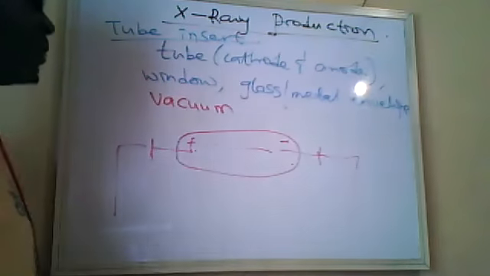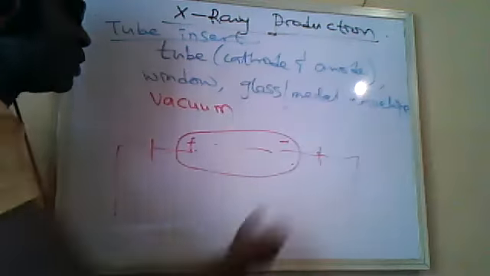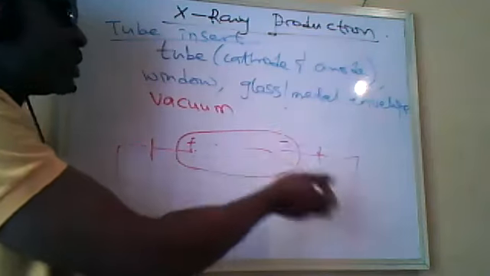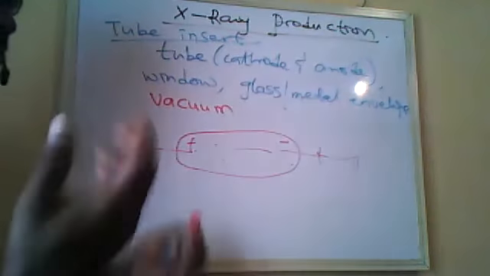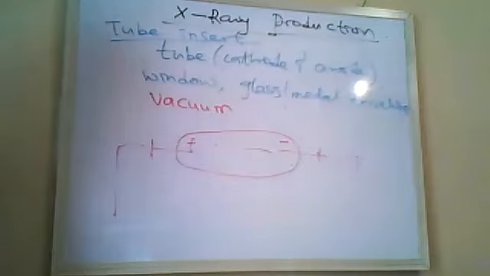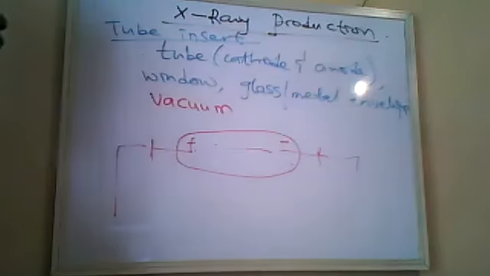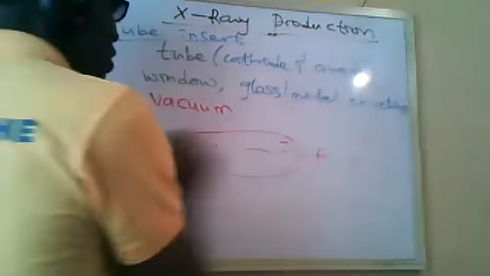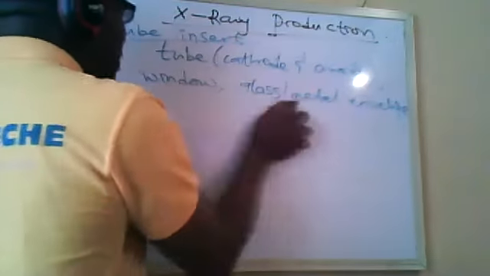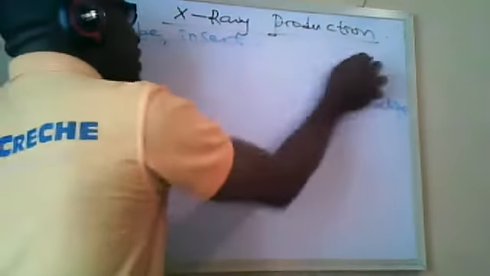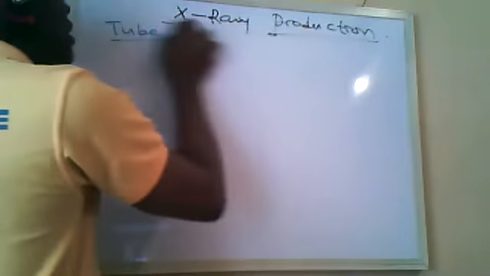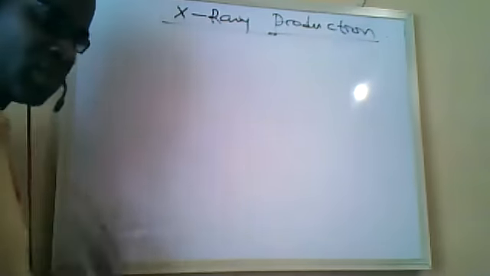We also have that the envelope begins to leak. When it begins to leak, it means air will be getting inside. And when that happens, that's the end of the tube. It has to be replaced. So we want to make sure the tube has an almost perfect vacuum.